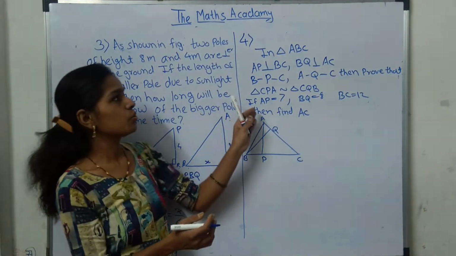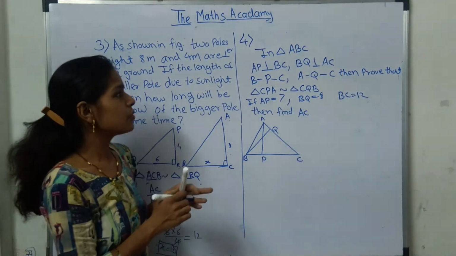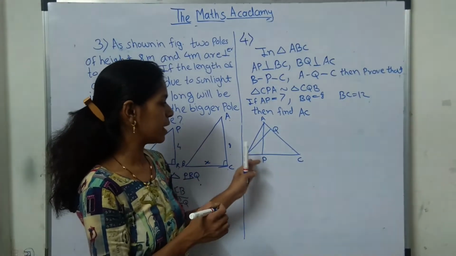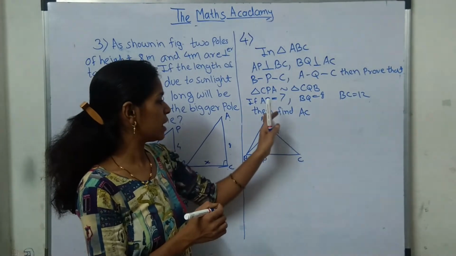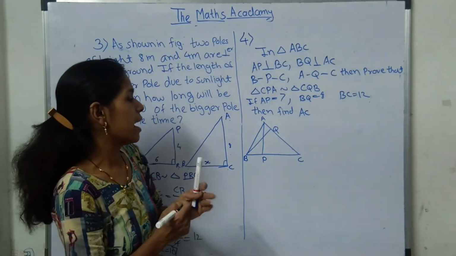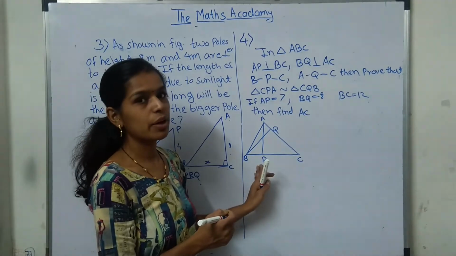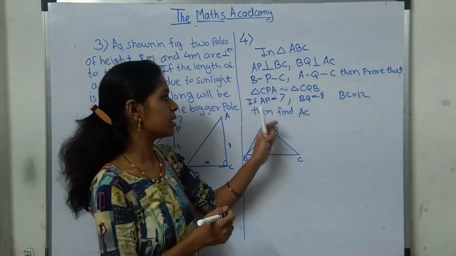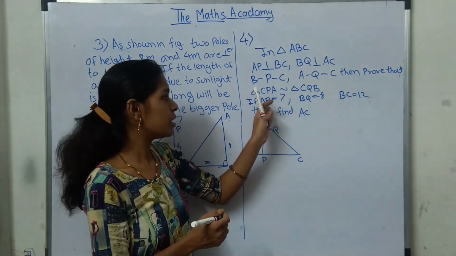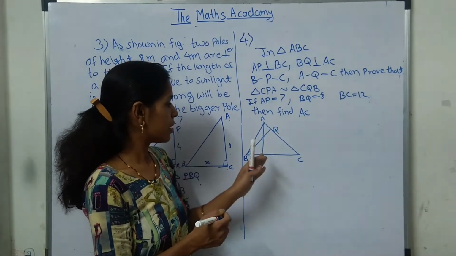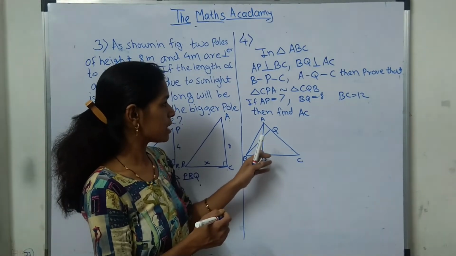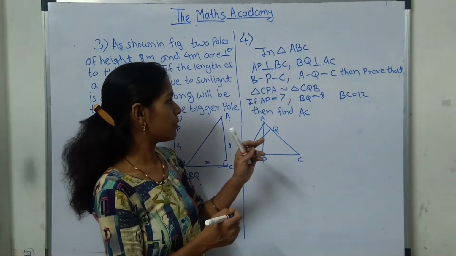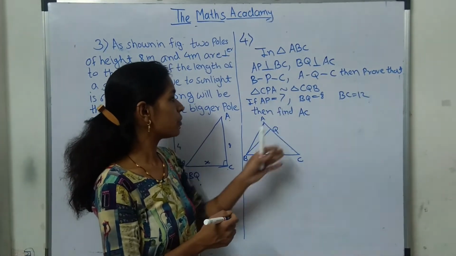Now let's go towards the fourth example. In this fourth example, you have given this triangle ABC in which AP is perpendicular to BC, BQ is perpendicular to AC, and point P lies in between B and C, and Q lies in between A and C. Also, you have given the values AP equal to 7, the perpendicular height, BQ perpendicular height is 8, BC is equal to 12, and you have to find the length of AC.